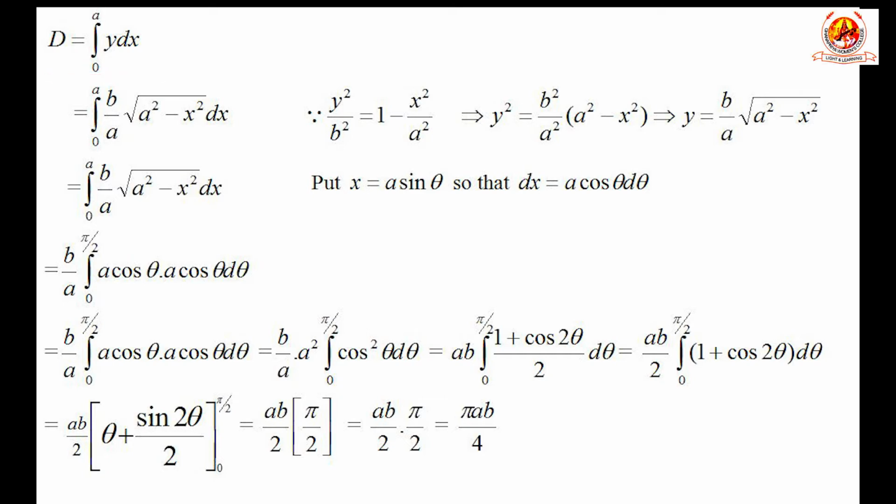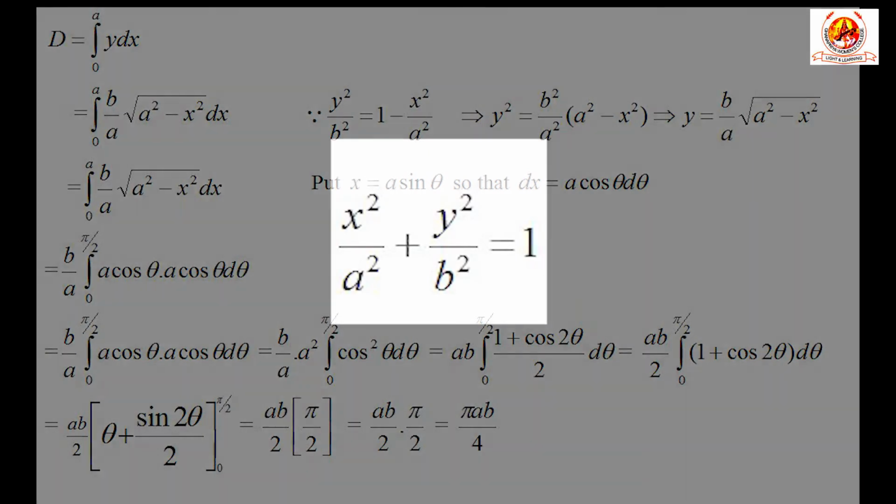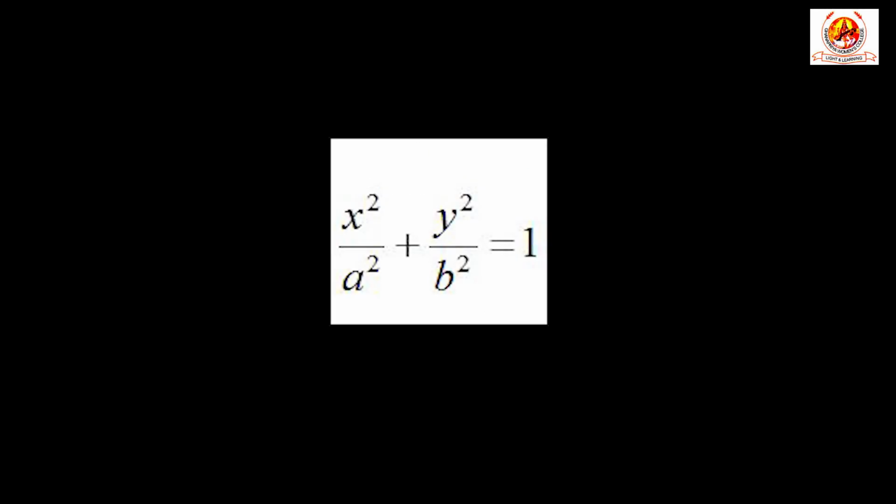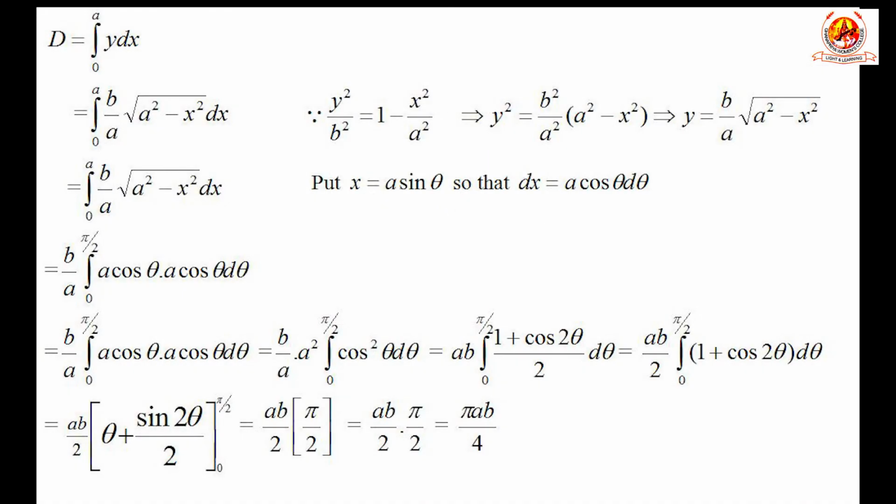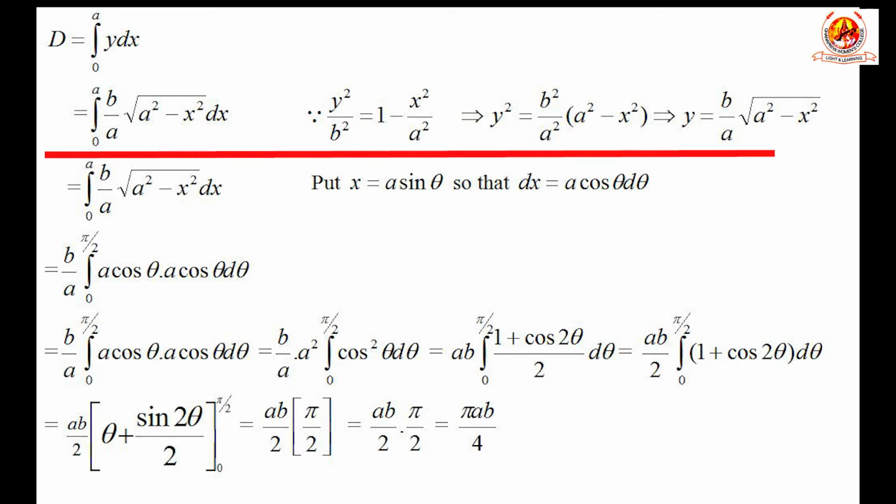As I have given the standard equation of the ellipse, x squared by a squared plus y squared by b squared is equal to 1, from there you can transform y in terms of x: y squared by b squared is equal to 1 minus x squared by a squared. So y squared is equal to b squared by a squared into (a squared minus x squared). Therefore y is equal to b by a under the square root of a squared minus x squared.